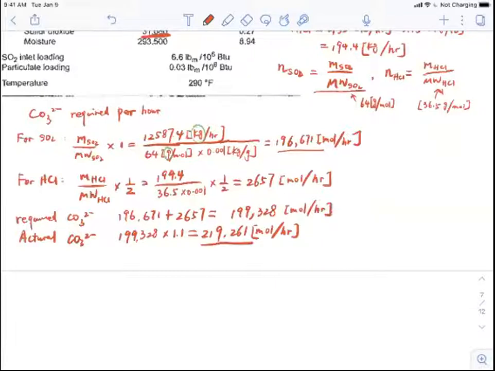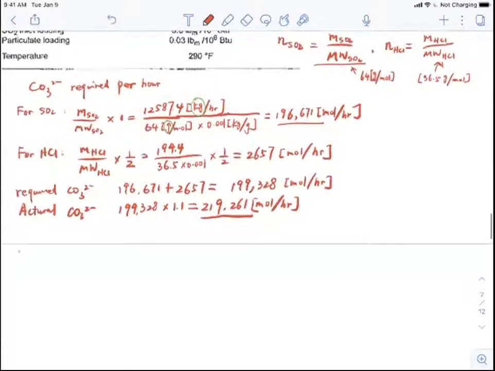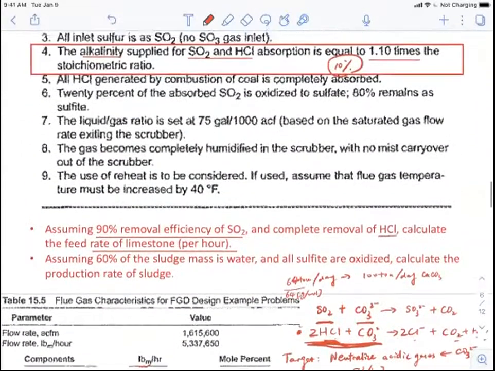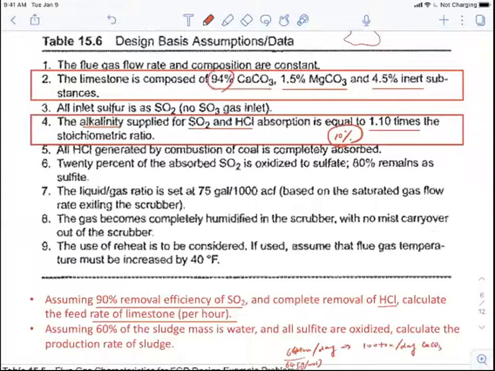So what about reality? In reality, we have a limestone that is not pure at all. Let's say that we have 1 bar of this limestone here. Based on the problem, it's assumed that 94% is calcium carbonate, 1.5% is magnesium carbonate, and 4.5% is inert.